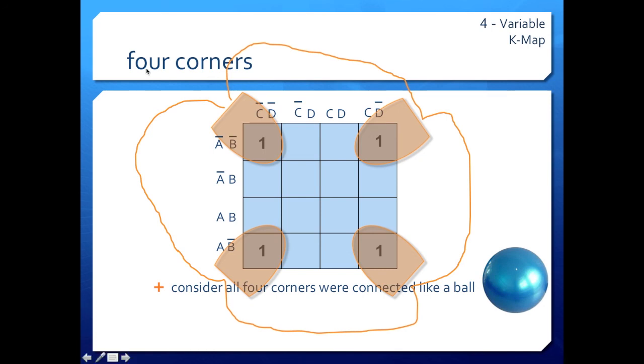Okay, on to simplifying. If I look again at this horizontal area here, I'm going to notice something. I've got not C, not D, and I've got not D and C. Obviously, this C and C naught are two things that can be eliminated.